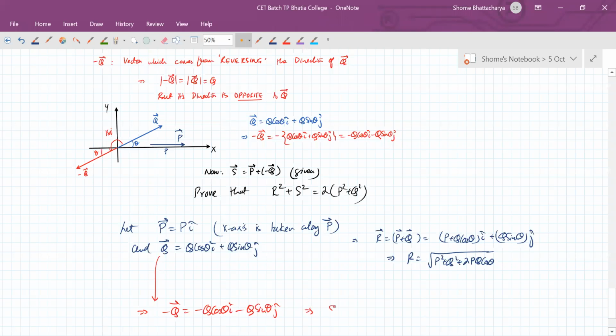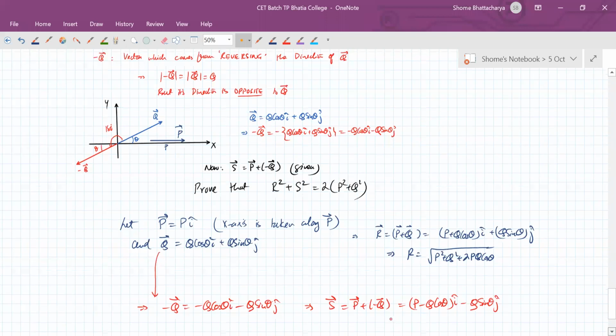So from that we'll know that the vector s, which is p plus of minus q, is nothing but p minus q cos theta i cap plus, or rather minus, q sin theta j cap. This is your vector s.